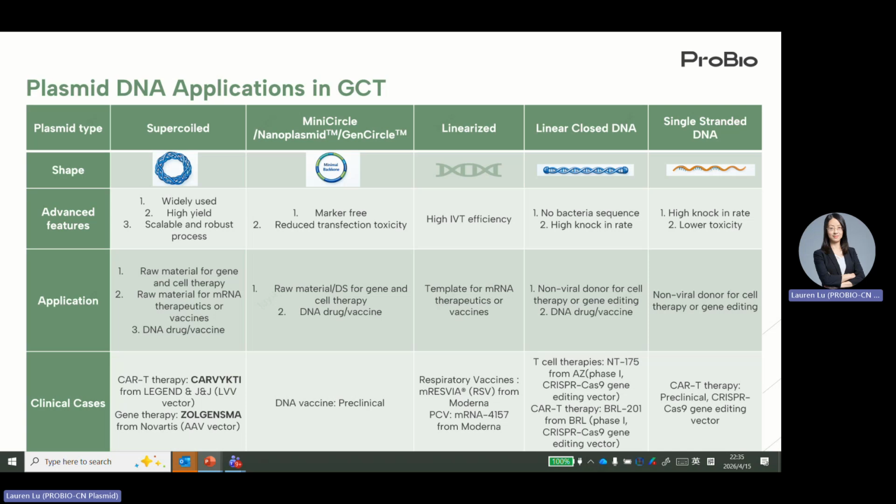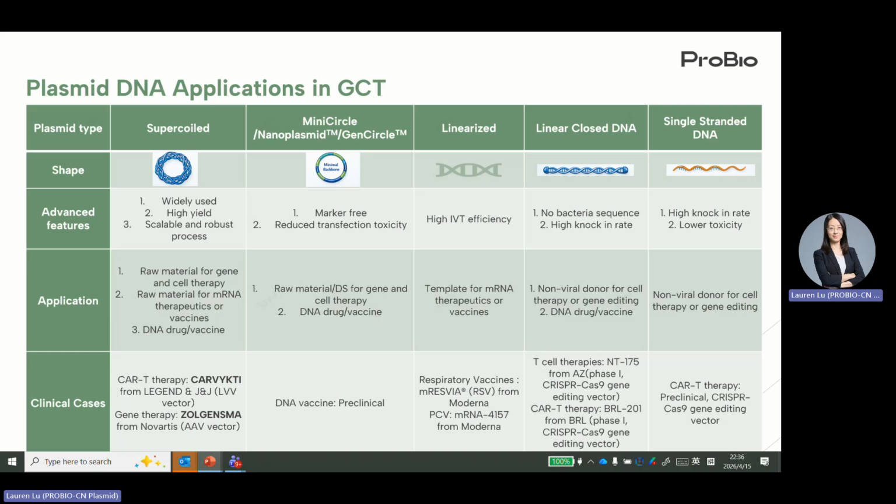Regarding the clinical cases, we know that the COVID-19 mRNA vaccines and the RSV vaccines from Moderna are widely used in the commercial stage.